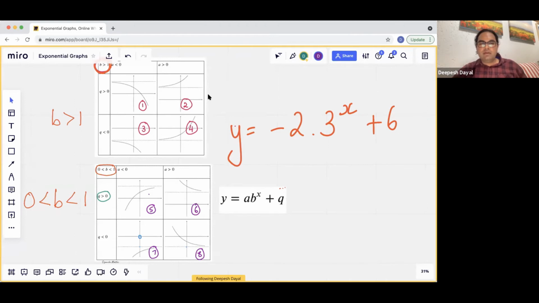Yeah, 1, 1, 1, 1, 1, 1, 1. I'm seeing only ones here. So it is indeed, I think, graph 1, but let me check as well.